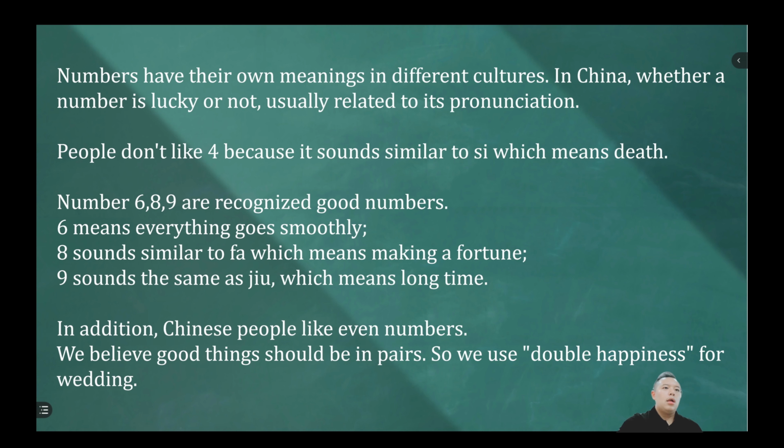Then we have learned quite a few numbers, right? In China, some numbers represent luck, and some are not so lucky. It is mainly related to pronunciation. People don't like 4 because it sounds similar to 死, which means death in Chinese.